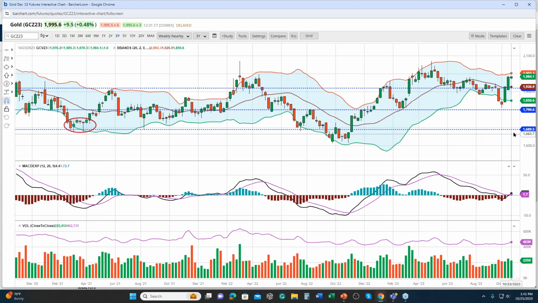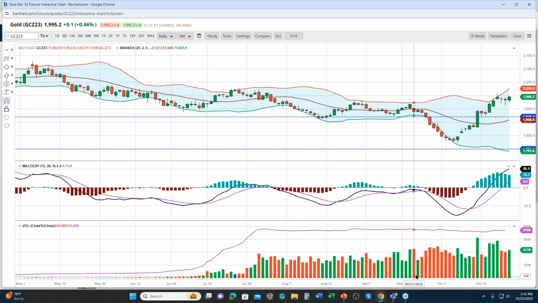Now let's look at what's currently happening, right? Our volume is kind of spiking here on the weekly, as we're moving through the mean, but let's go to our lower time frame, right? Look at that crossover signal that we got at our lower time frame, our daily time frame.